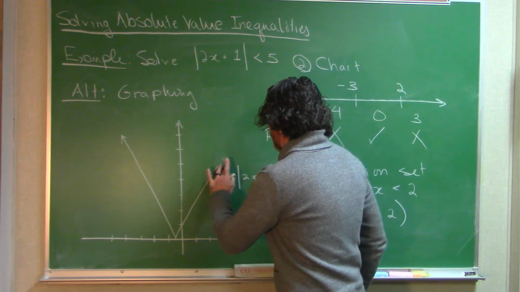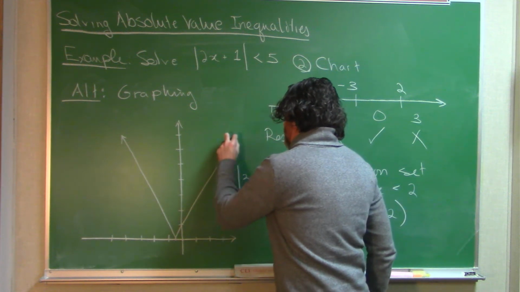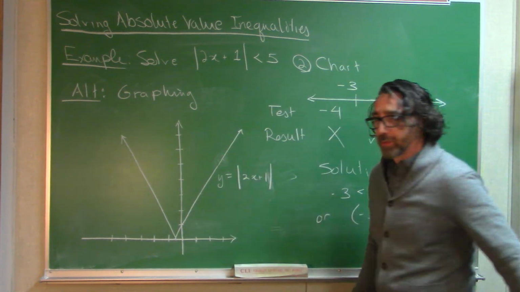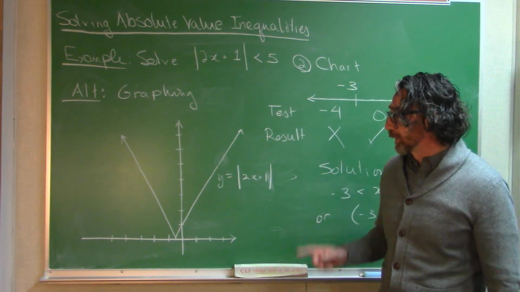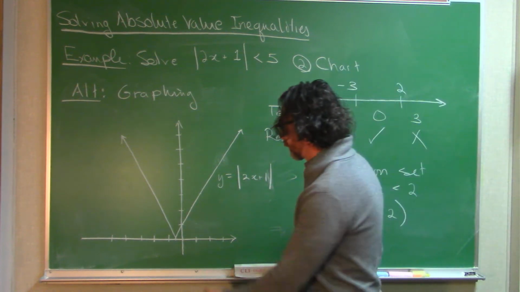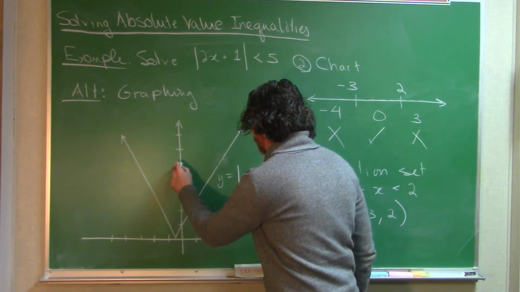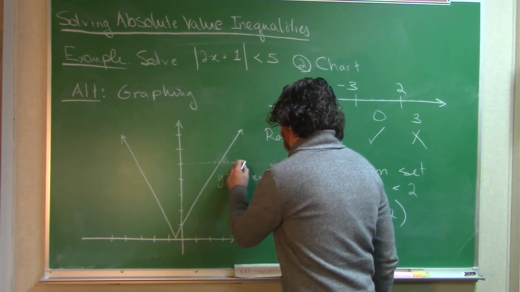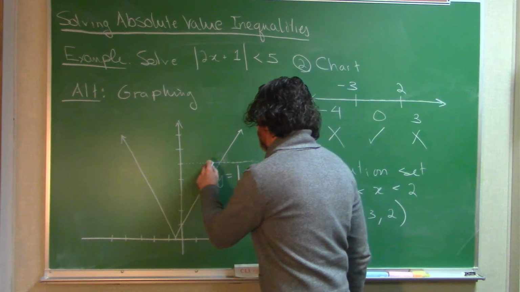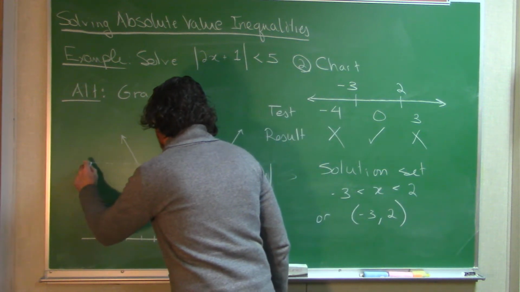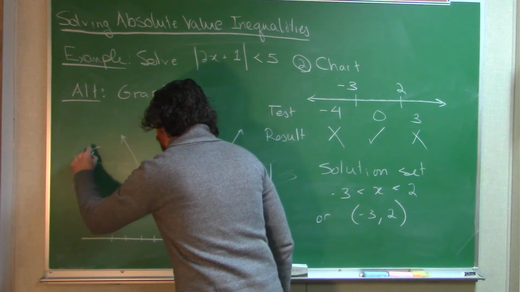Okay, now this by itself is not going to help me solve the absolute value inequality. I need to graph something else. 1, 2, 3, 4, 5. I need to graph the horizontal line y equals 5.